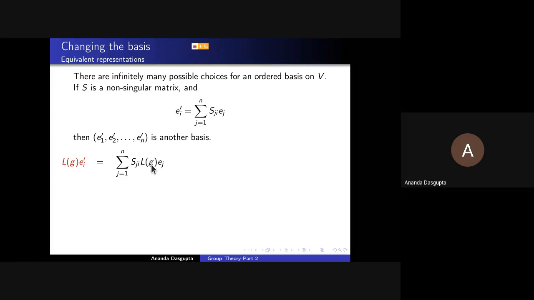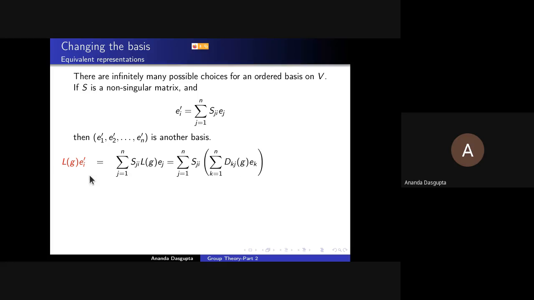So L(G) E_j, we already know what they are. They give you the original matrix elements that we had talked about a while ago. So L(G) E_j can be expanded in terms of the old basis vectors, E1, E2, E3, En, using the rule that we just wrote down, D_kj(G) E_k. Remember, it's D_kj(G). That's the order. Once again, this is just a column as opposed to row rule. Okay.